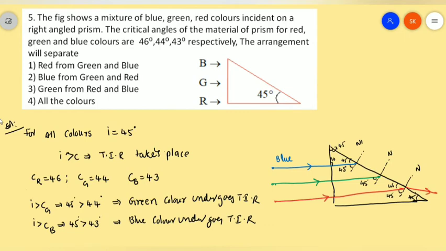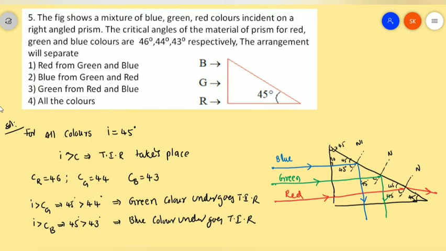It undergoes refraction, and the other colors, the green color undergoes total internal reflection like this, and the blue color also undergoes total internal reflection. Now which color is separated? There are three colors here. This is the green color, and this is the red color.